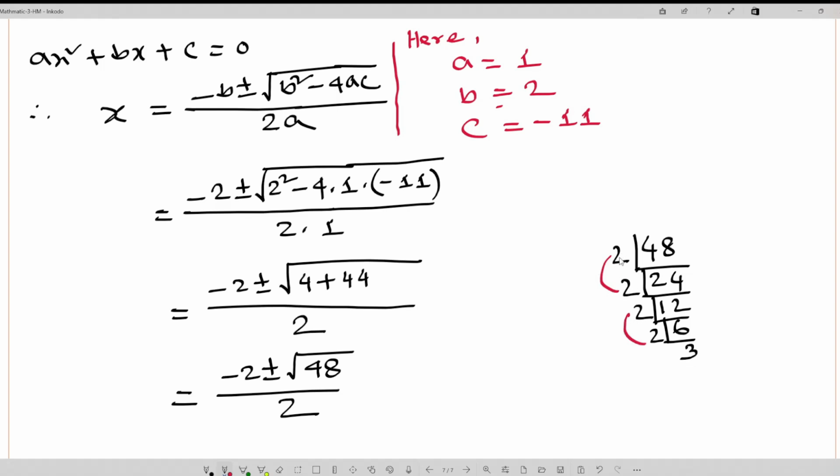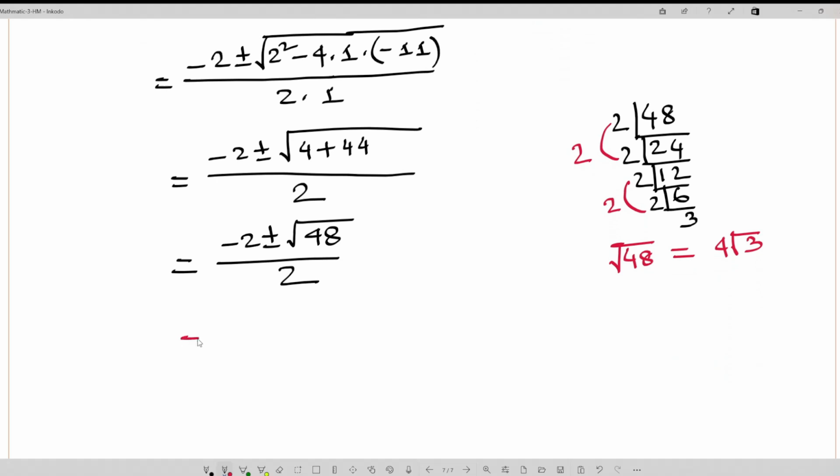Once we take the root, we will get 2 from one pair and 2 from the other pair, and it will become 48 under root, we can write 2 times 2 means 4 root 3, right? So we can write like this, minus 2 plus or minus 4 root 3 divided by 2.